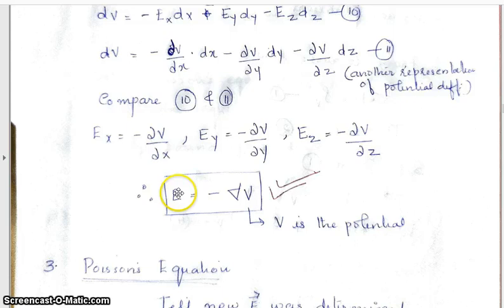So I can write E is equal to minus of the bracket dou by dou X of V ax plus dou by dou Y of V ay plus dou by dou Z of V az, where V is a scalar quantity. So this is a relation connecting E and V. This also you have to remember. E is equal to minus del V is a relation connecting electric field intensity and potential. That's all. Thank you.